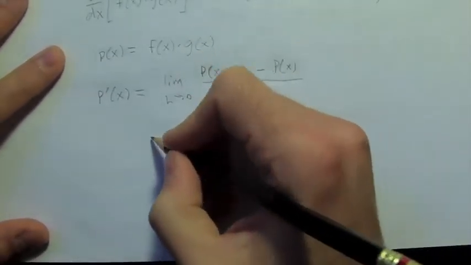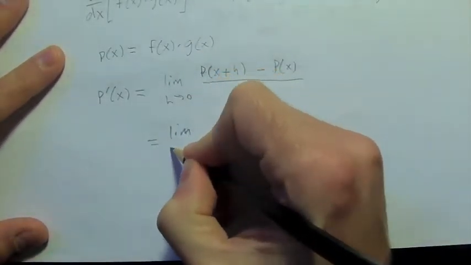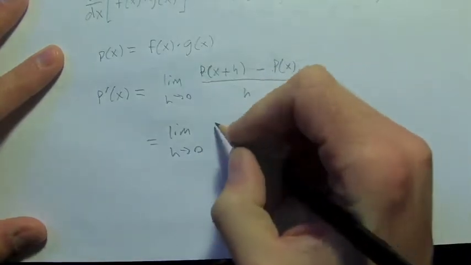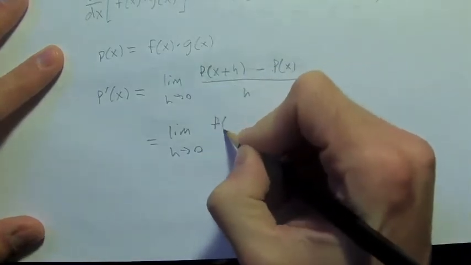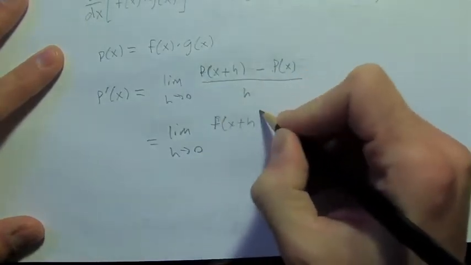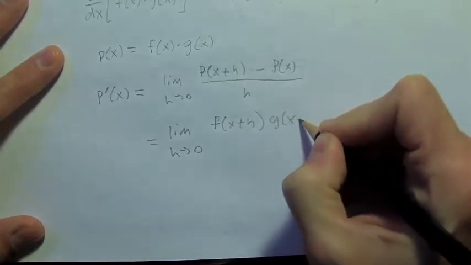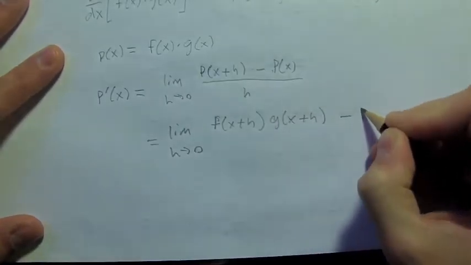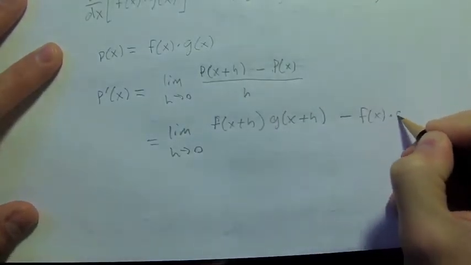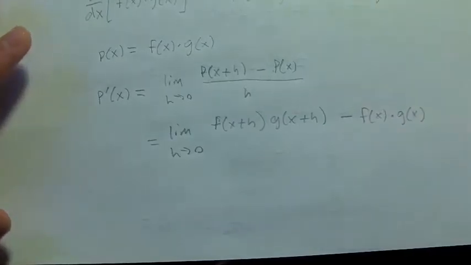And filling that in with the product, this is the limit as h goes to 0 of f of x plus h times g of x plus h minus f of x times g of x.